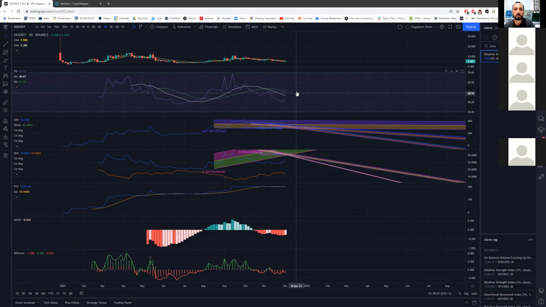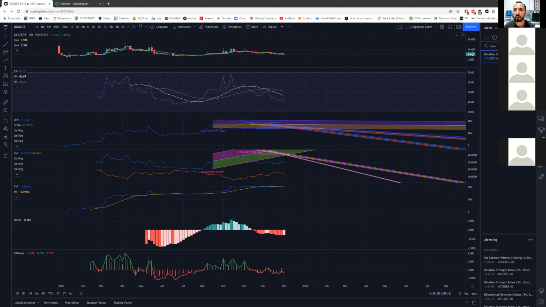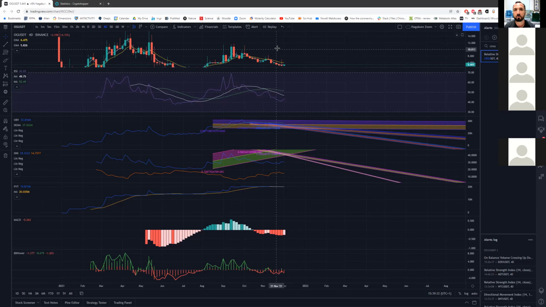I think approximately here, which is on the 23rd of December or a bit later, it will start going up and it will go back to the profitable level around March, about here. So just hold it.